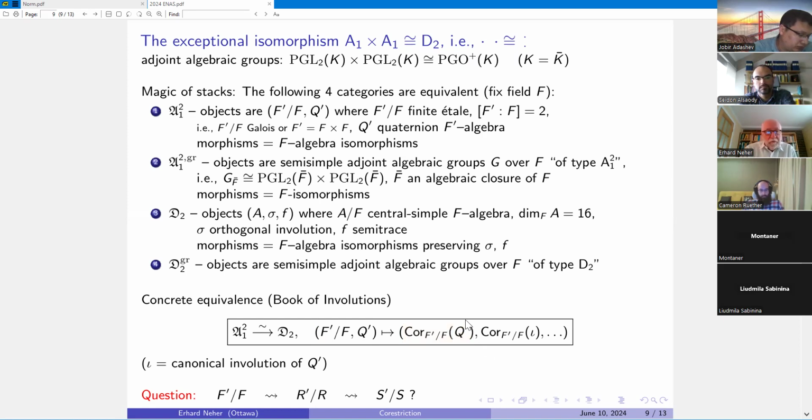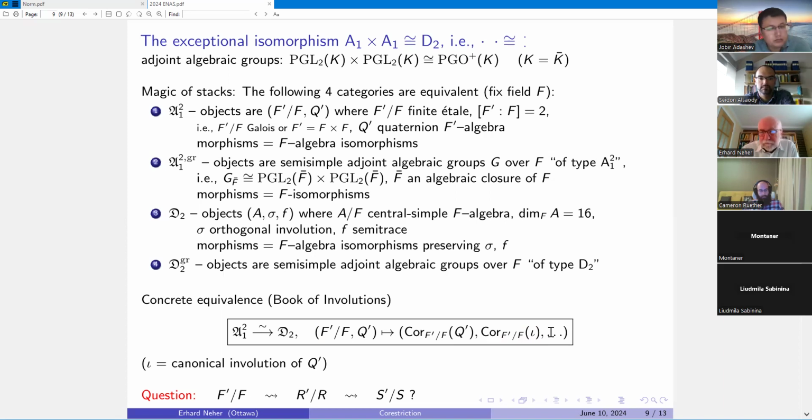Then the orthogonal involution is obtained by taking the corestriction of the canonical involution of your quaternion algebra. And there's a way to take a corestriction of a semi-trace.